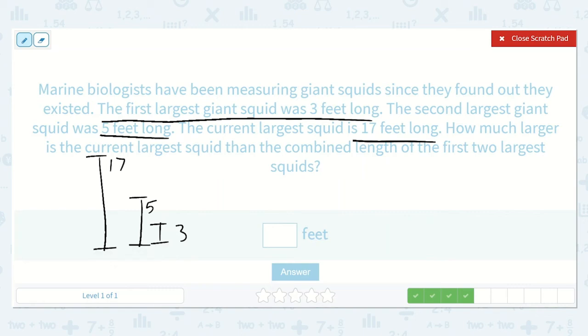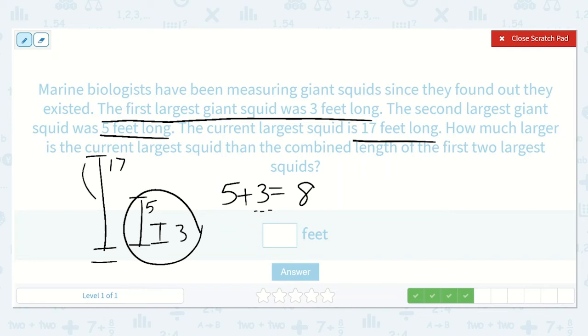How much larger is the current largest squid, this one, 17, than the combined length of the first 2 largest squids? So 5 plus 3 would give us the combined length. So 5, 6, 7, 8, that is 5 plus 3 is 8. And we know that that is the combined length. Now we want to know how much taller.